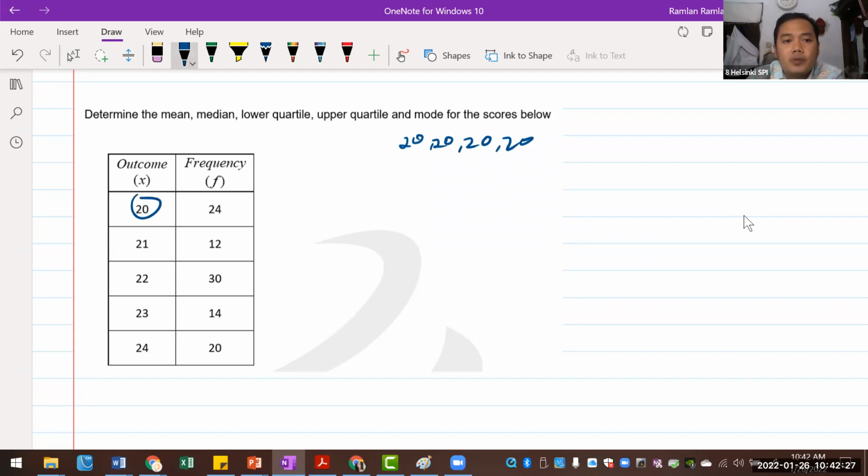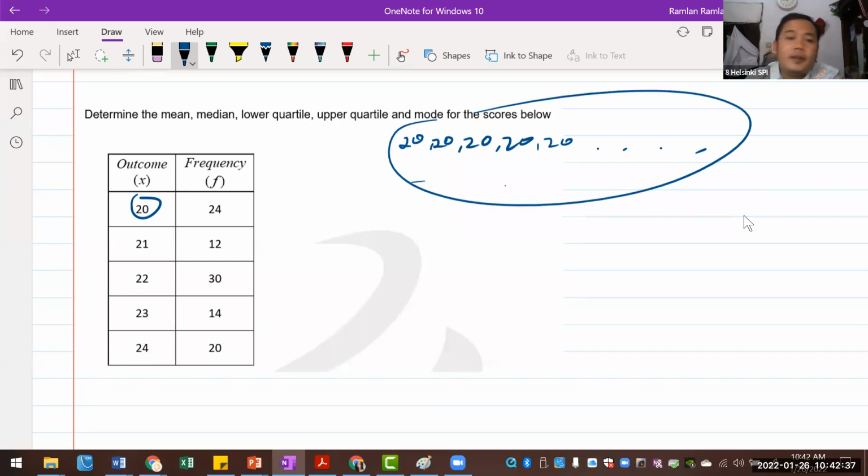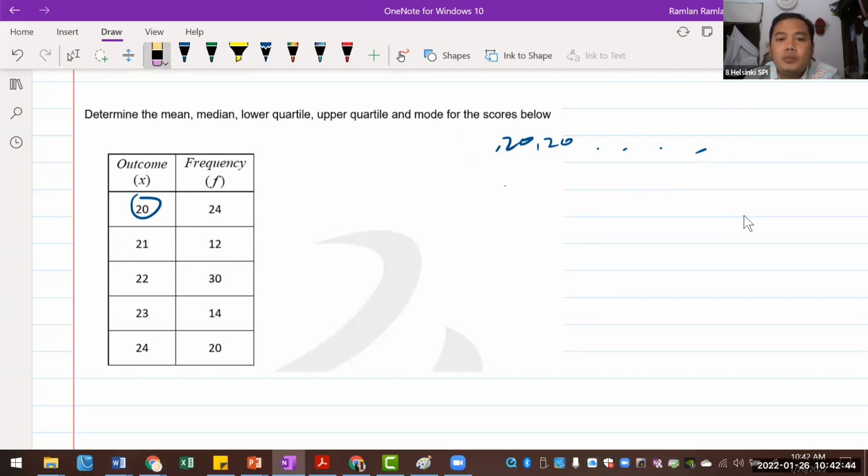We have 24 data of 20s, right? So 20, 20, and so on. As you can see, this is not practical. So if we have this data and write it down like this, it is not practical. So again, we normally use a frequency distribution table.